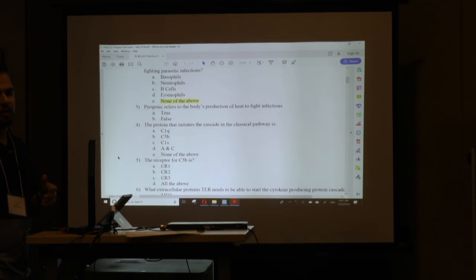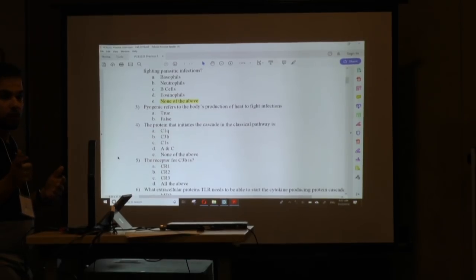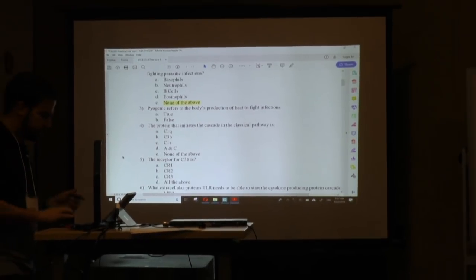And then the rest of the cells of your innate immune system are just going to be your basophils, mast cells, macrophages, monocytes, and dendritic cells. That was the last one. Let me write it down.